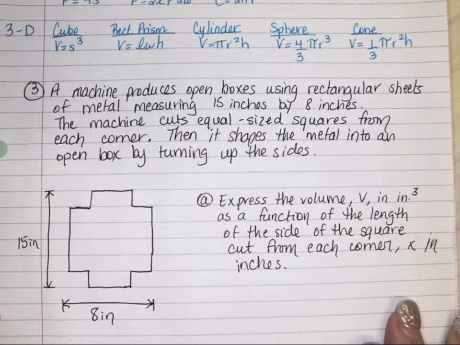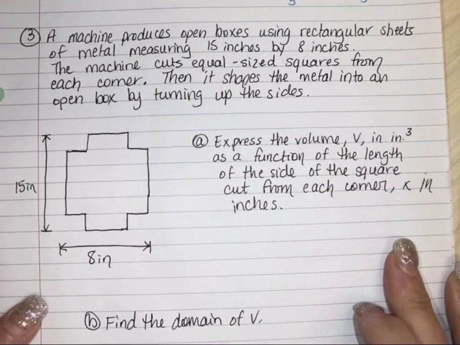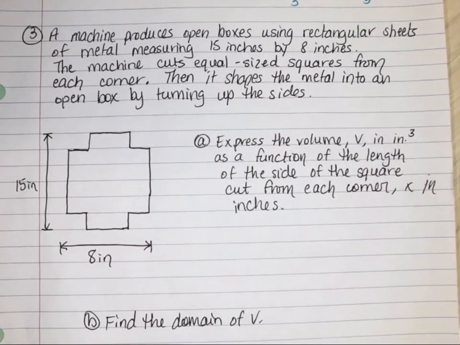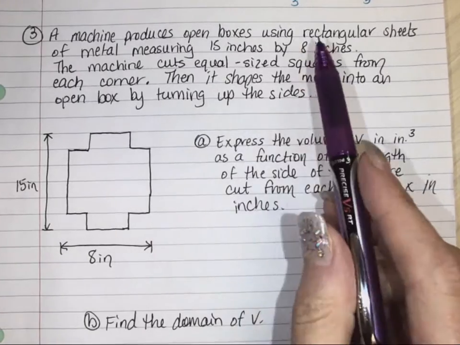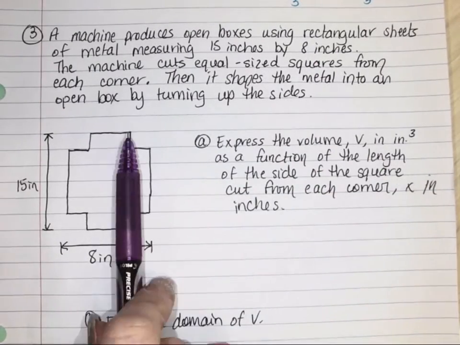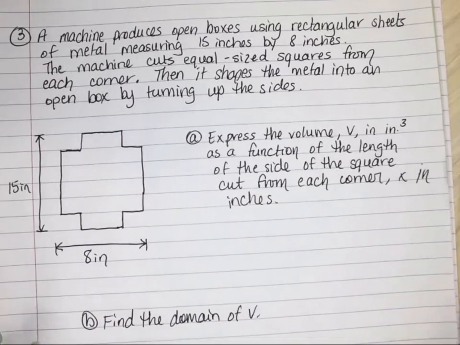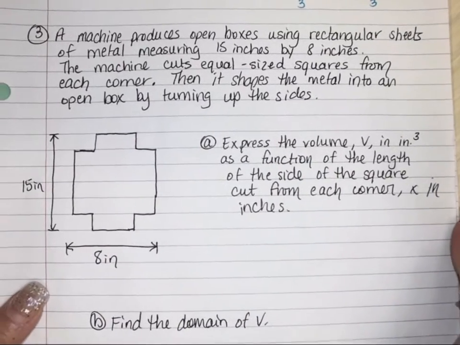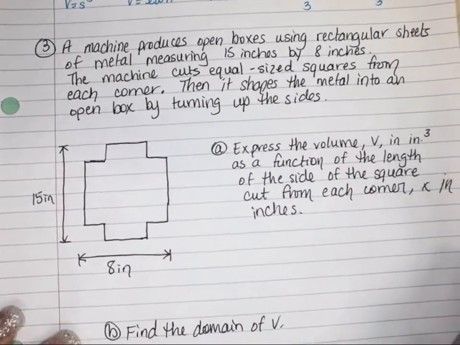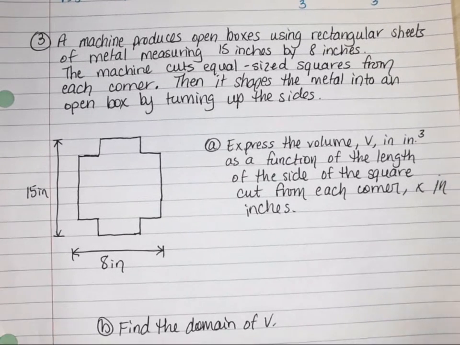Number 3 deals with volume. A machine produces open boxes, meaning that they don't have a top, only the bottom and the sides. It produces open boxes using rectangular sheets of metal measuring 15 inches by 8 inches.